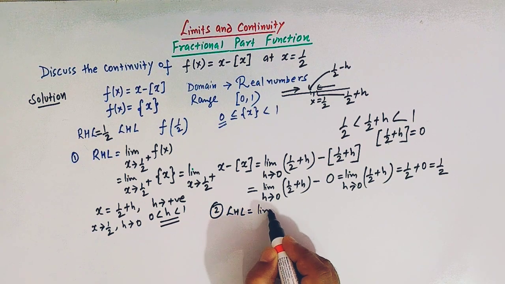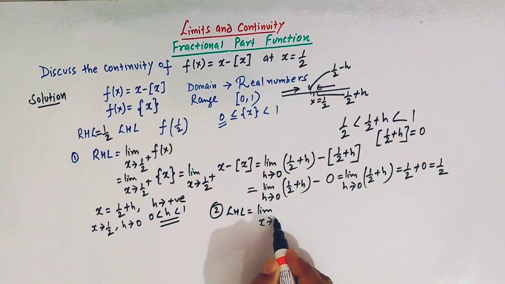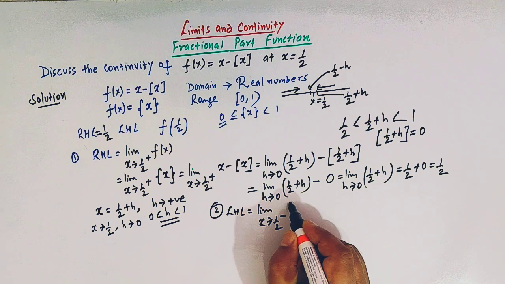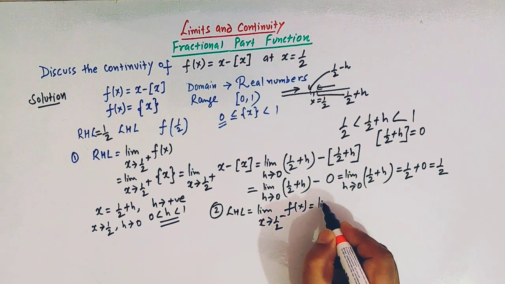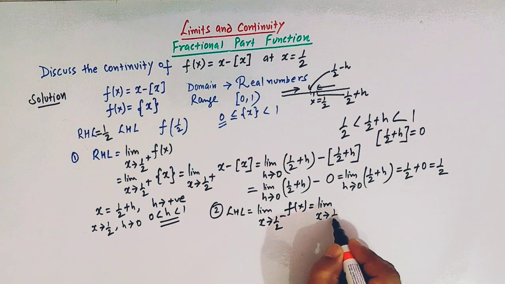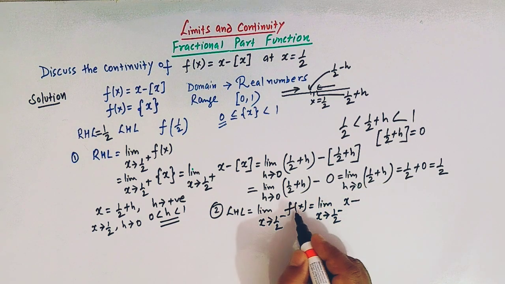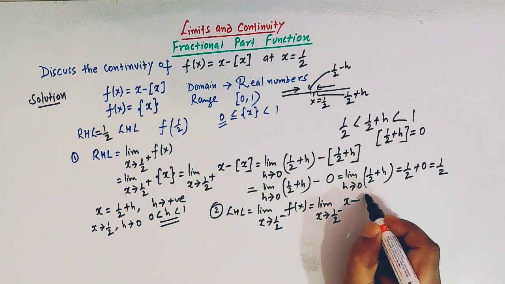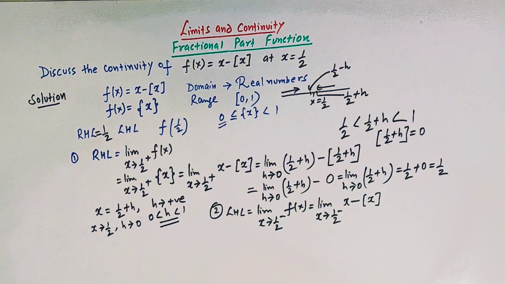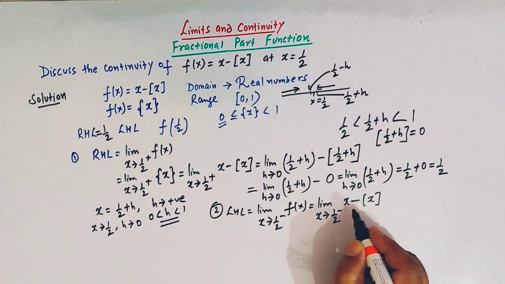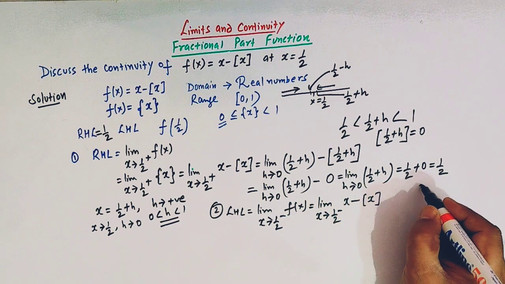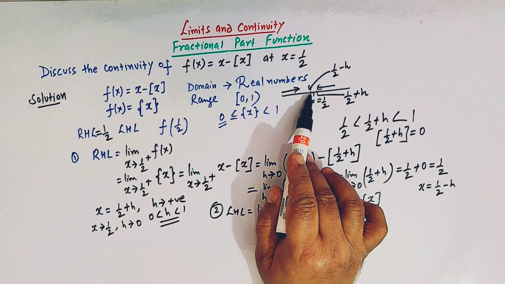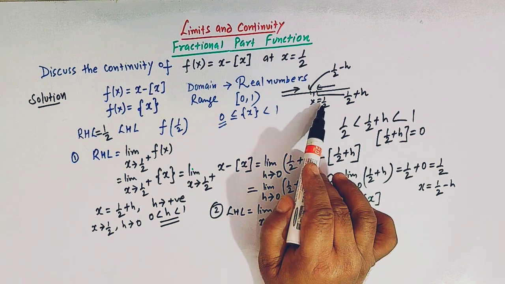The notation for the left hand limit is the limit as x tends to half, with a negative sign, of f of x. So this can be written as the limit as x tends to half minus, and for f of x we can write x minus the greatest integer of x. So now we'll take x equal to half minus h, a point in the neighborhood of x equal to half.